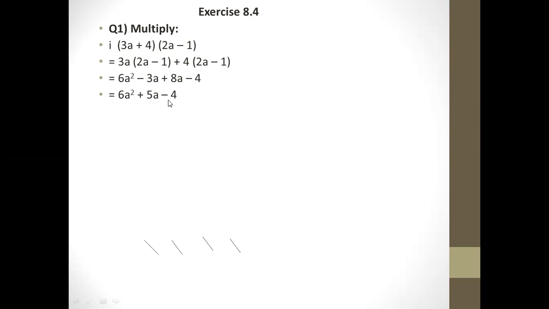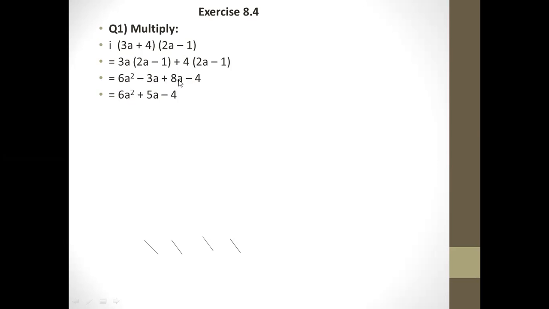This is algebraic multiplication. Again I'm going to explain this. 3a we multiply with the complete bracket and then plus 4 multiply with the complete bracket. So 3 2s are 6, a multiply with a square, minus sign 3a into 1 3a, plus sign 4 2s are 8 8a, and minus sign as it is, 4 1s are 4. 6a square we copy as it is.